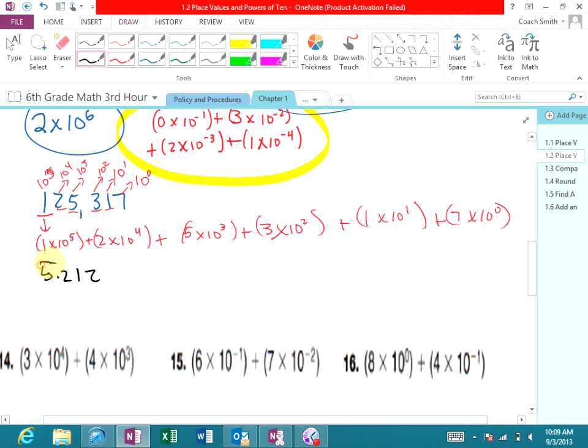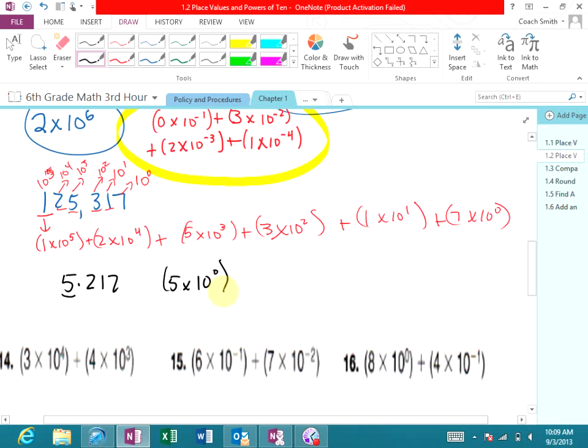Okay. 5.212. All right, so we know that the 1's place value right there where the 5 is, what is that? 10 to the 0 power. So I'm going to take 5 times 10 to the 0 power.